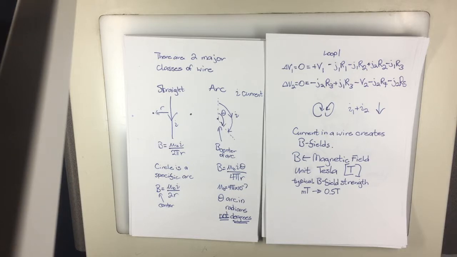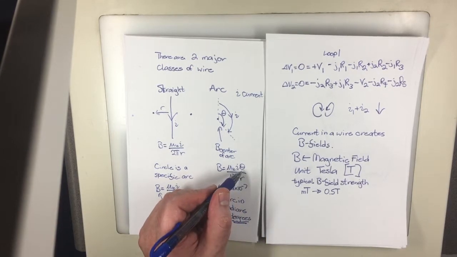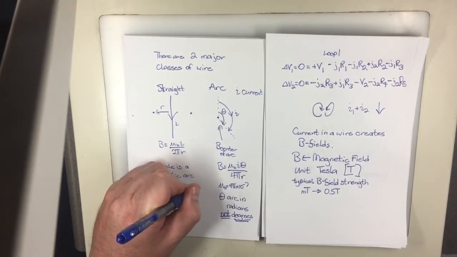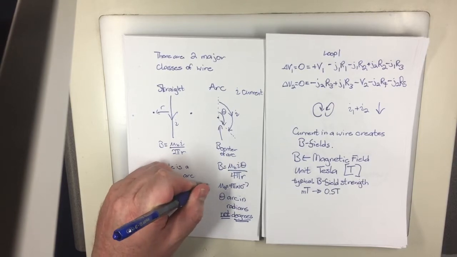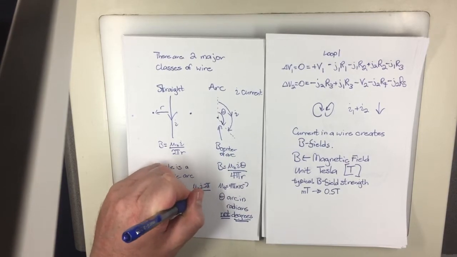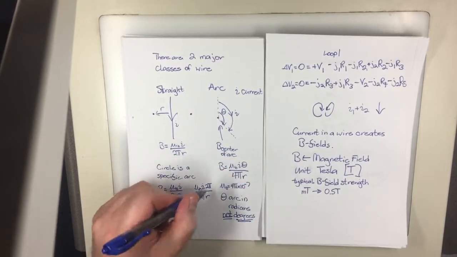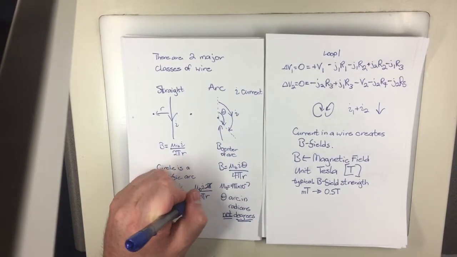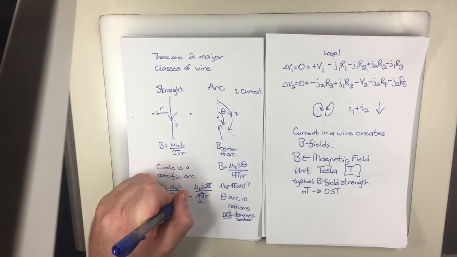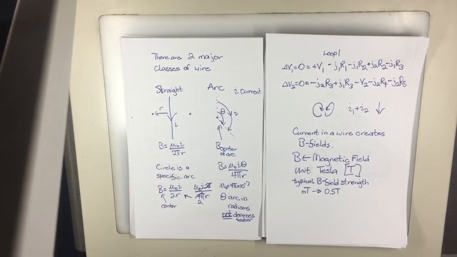What's the value of theta for a circle? 2 pi. So this has a 2 pi in it, so it's mu naught I 2 pi over 4 pi r. This is the arc for a circle, and you get that. So technically the pi is in there, but it cancels out with the 2 pi of the theta.